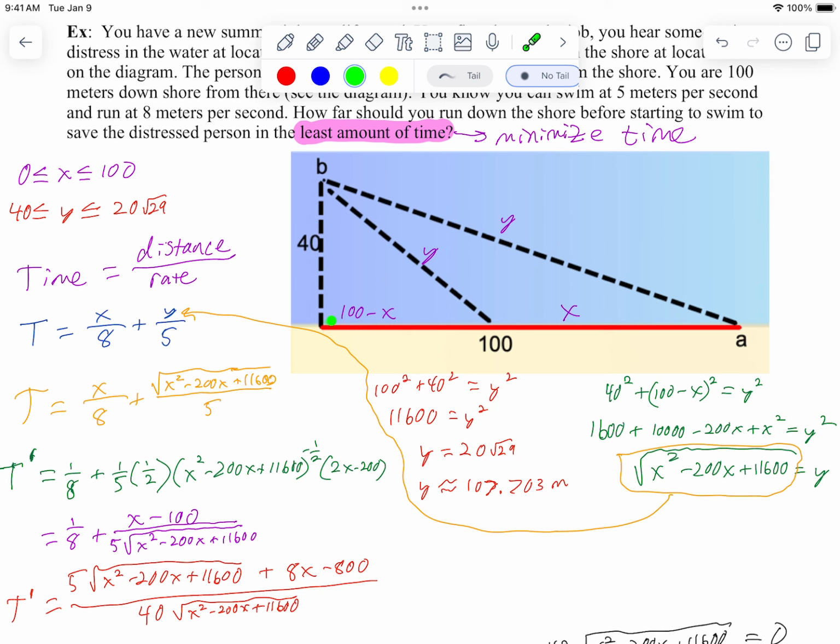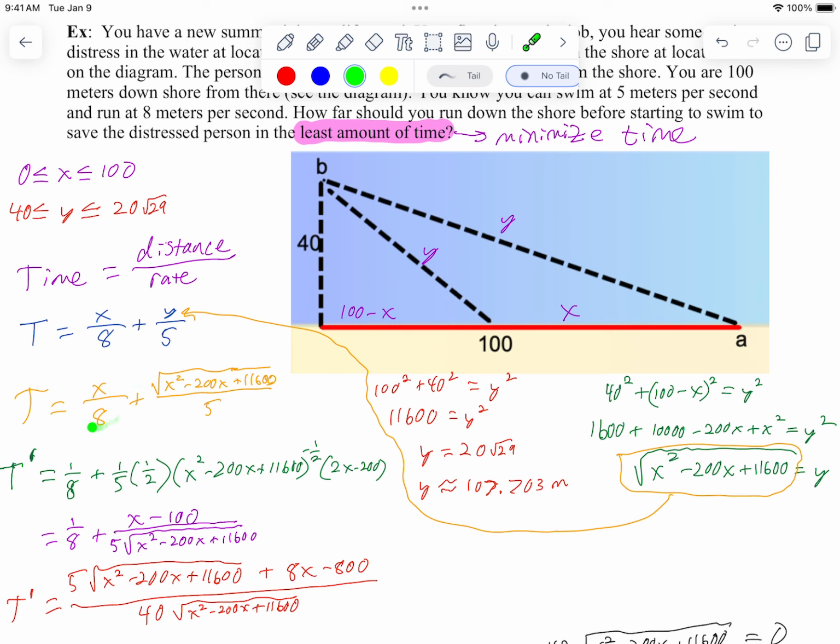So if I look at this right triangle here, I know that 40 squared plus 100 minus x squared is y squared. I can multiply that out, take the square root. I don't need the plus or minus because, again, I would ignore the minus. So I know that y is the square root of x squared minus 200x plus 11,600. So I can substitute that in here. So this is my time equation.